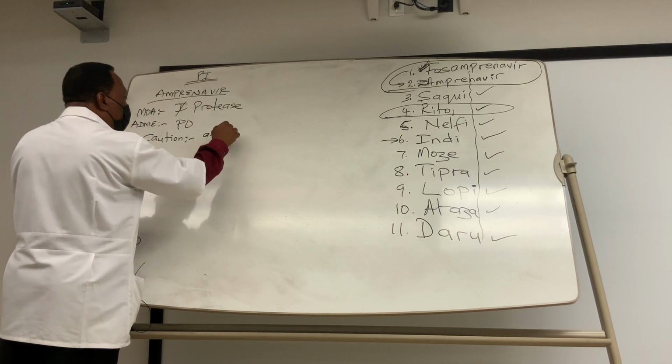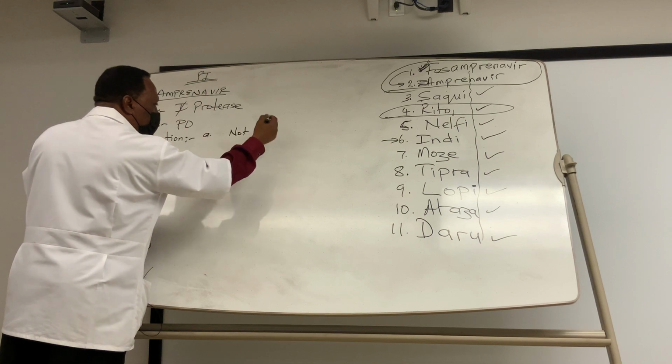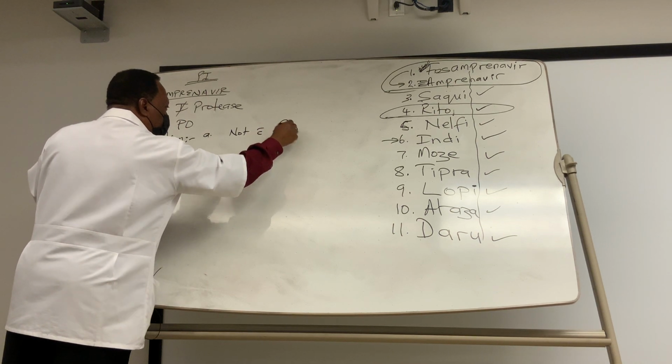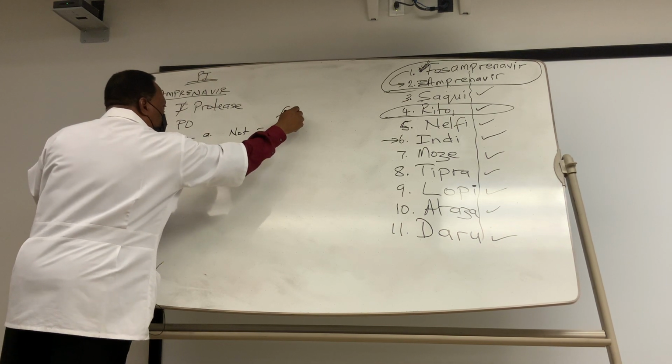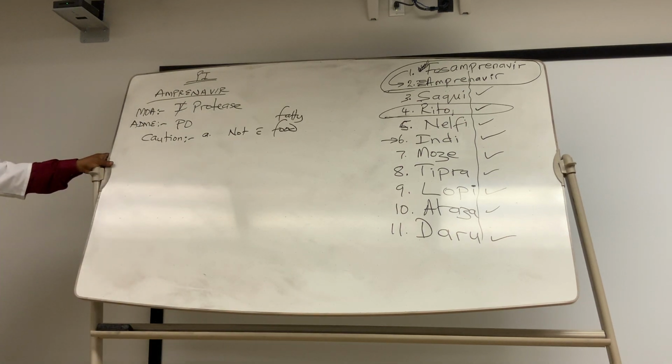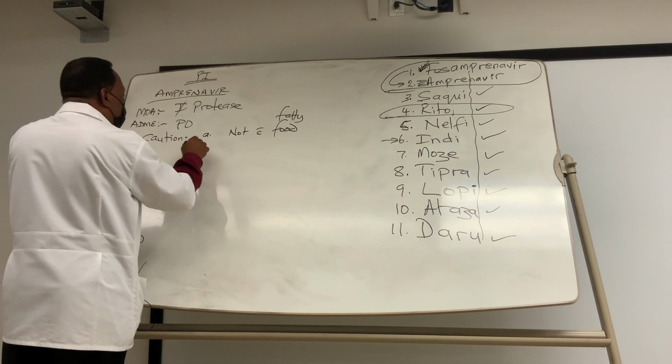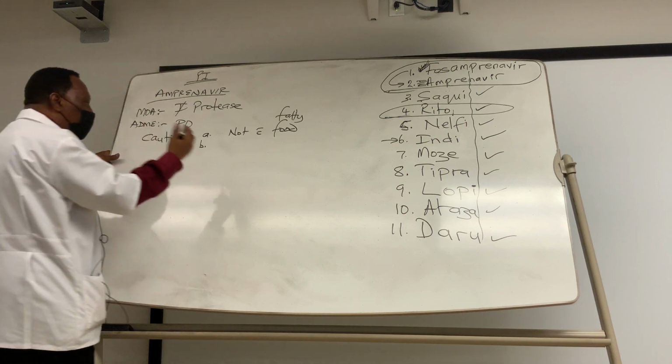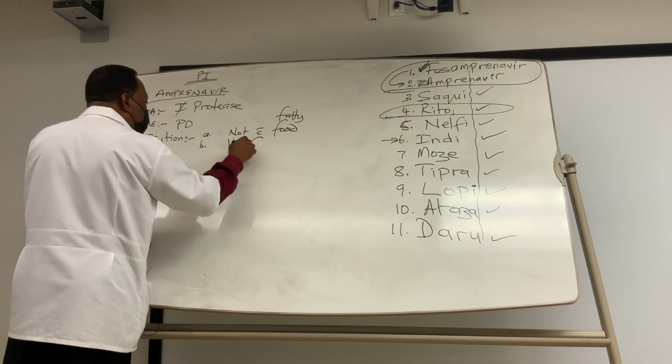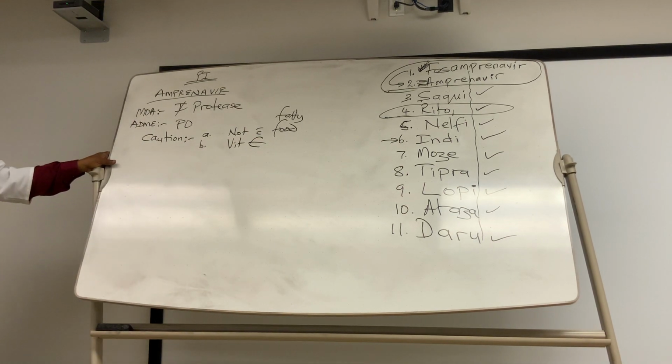Number 1, don't administer it with a fatty food because you get a decrease in absorption. Number 2, don't administer it concurrently with vitamin E because the formulation already has 30 international units of vitamin E in it.